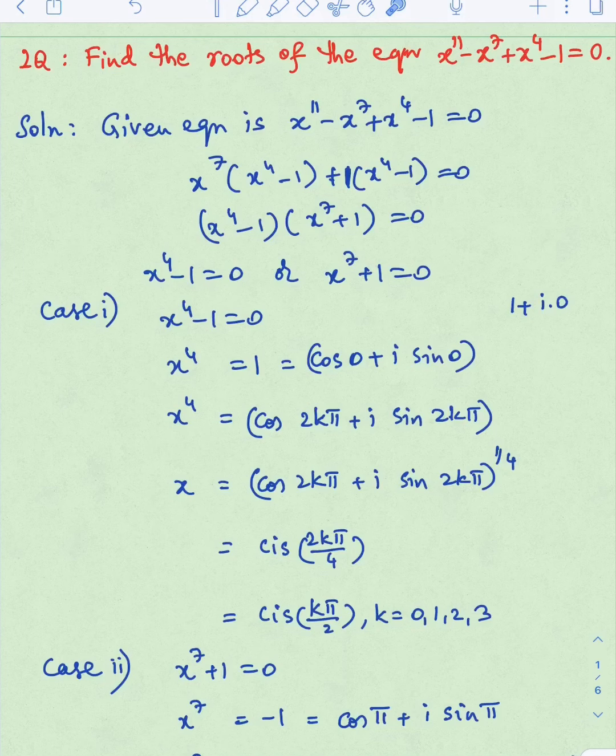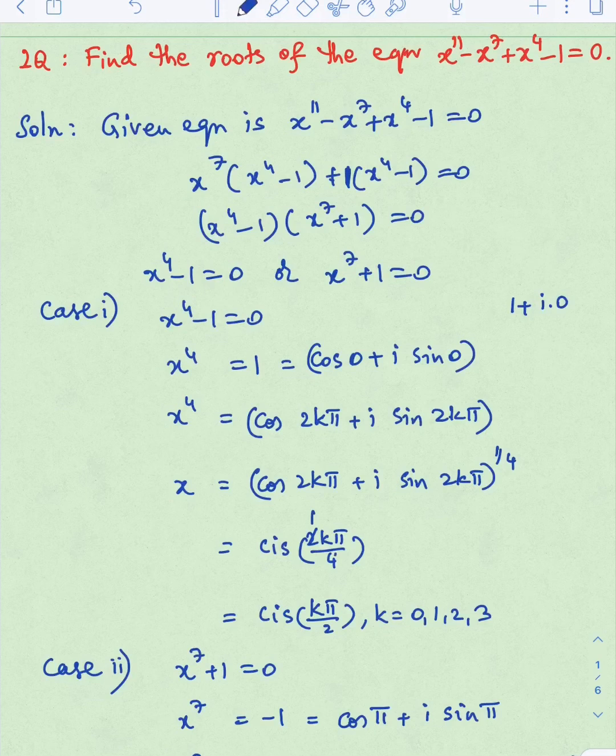We want x only. That is, power 4 is taken to the other side. It will become 1 by 4. And in the next step, what happened? This by 4 comes forward here. So 2k pi by 4.